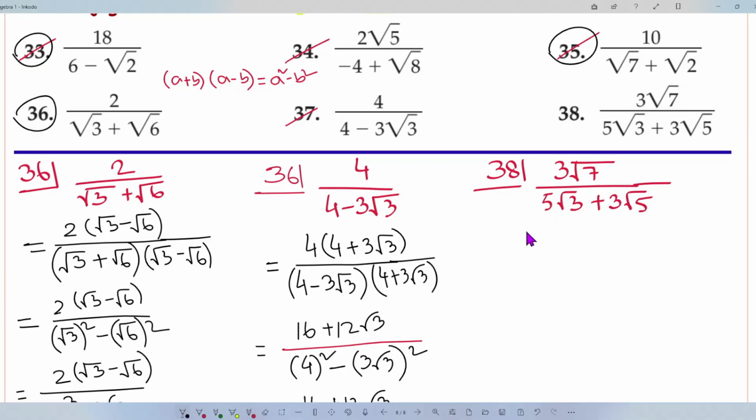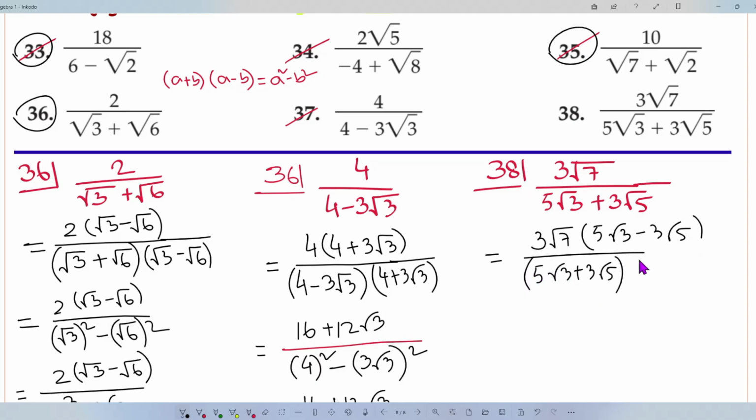Okay, now similar thing, here is 3 root 7, we will multiply by 5 root 3 minus 3 root 5, and here is 5 root 3 plus 3 root 5 times 5 root 3 minus 3 root 5. So this fraction we are multiplying by 5 root 3 minus 3 root 5. Okay.